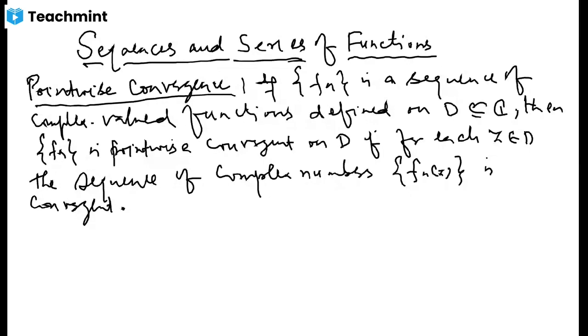So this is the definition of pointwise convergence of a sequence of functions: at each point, the corresponding sequence of complex numbers is convergent.